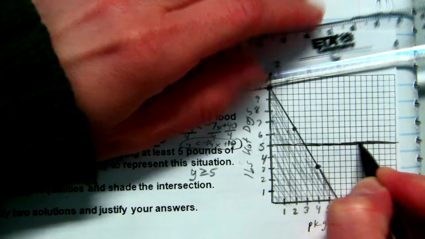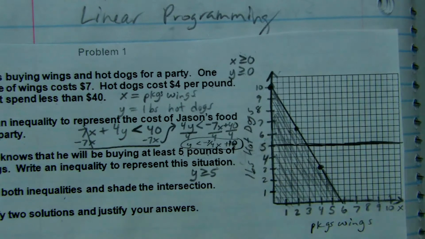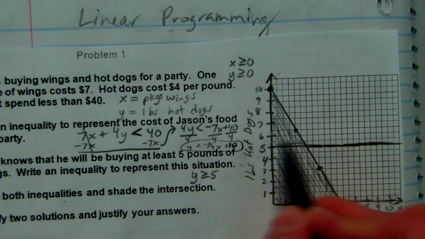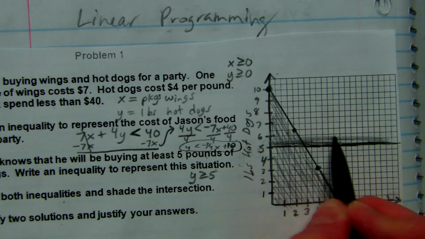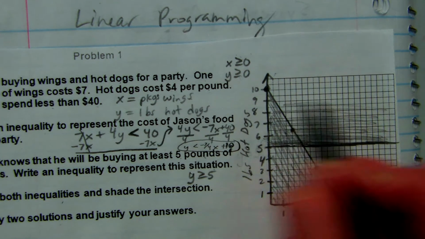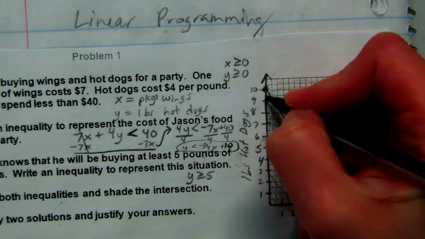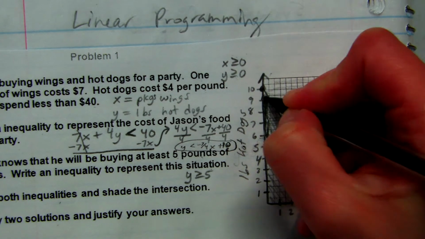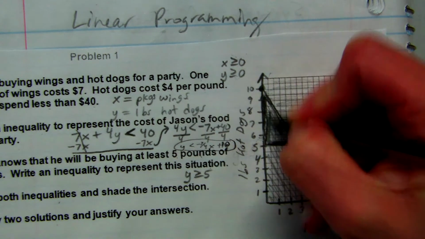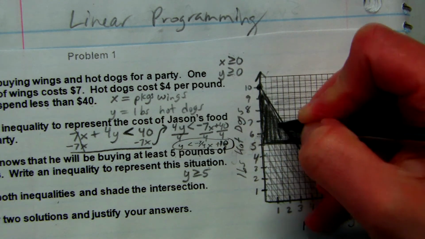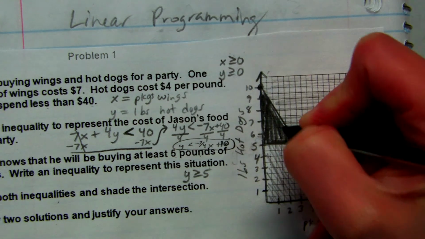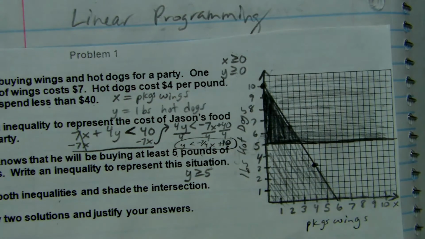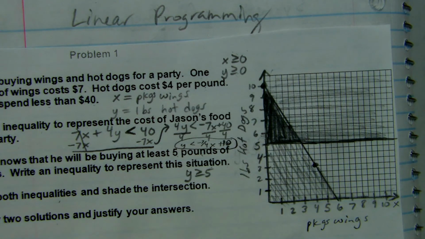And then because it's greater than, I'm going to shade up. So my solution region is going to be this triangle, and it's customary to go back and color that in really dark so it's really obvious that that's where our solutions lie.